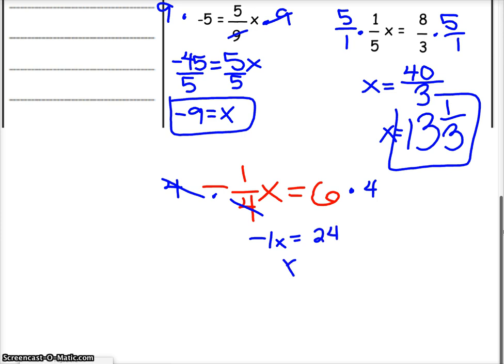Getting rid of the negative 1. X then would be negative 24.